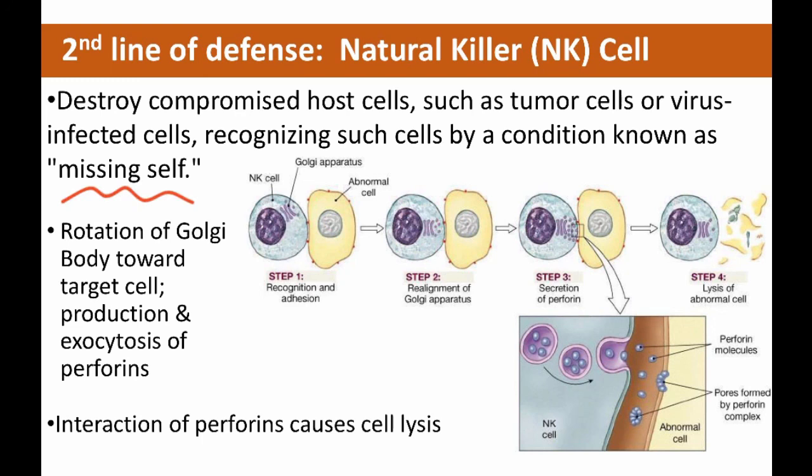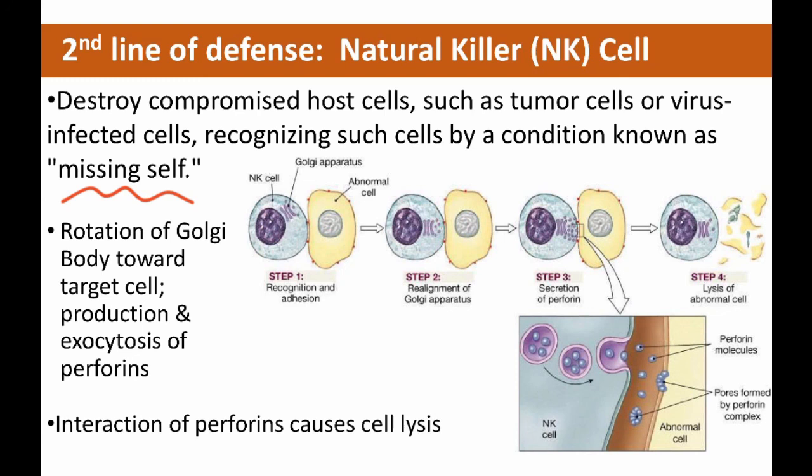And the way they work is really remarkable. They come up next to one of our cells that's abnormal, and the natural killer cell actually rotates the Golgi body. Remember, the Golgi body is sort of the post office of the cell. It's responsible for packing molecules into vesicles.